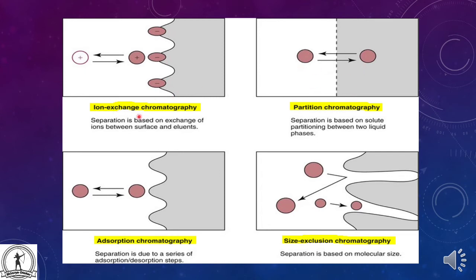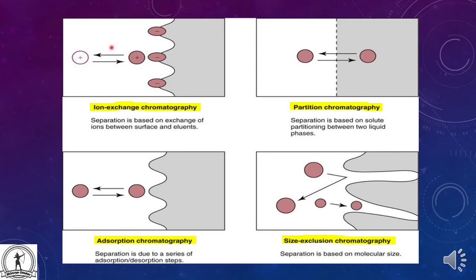Third, ion exchange chromatography. It is based upon exchange of ions between the mobile phase and the stationary phase. Here, electrostatic attractions are there with these stuck ions, positive and negative. For example, we take an ion exchange resin. In ion exchange resin, electrostatic bonds are there in between.